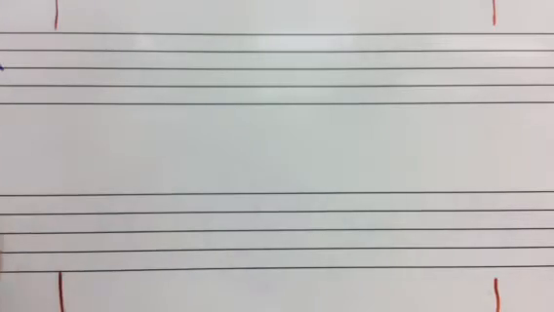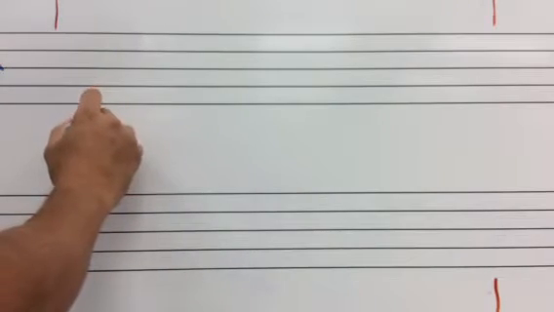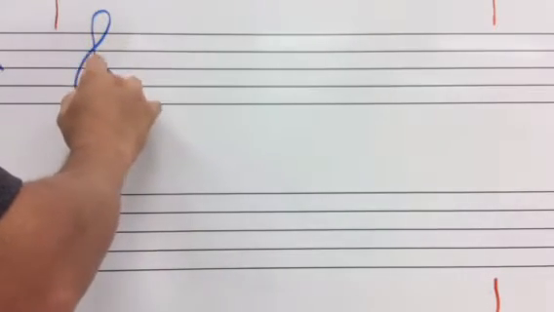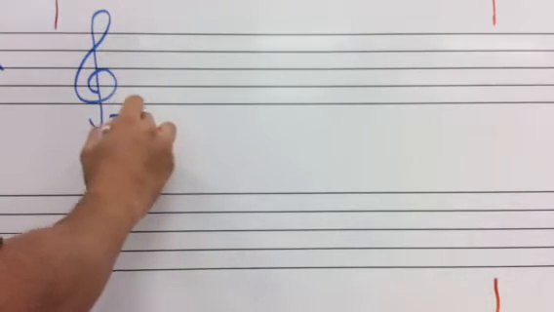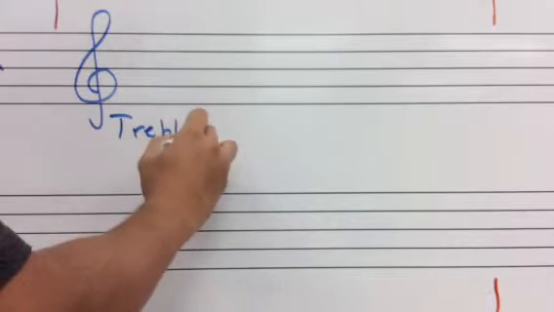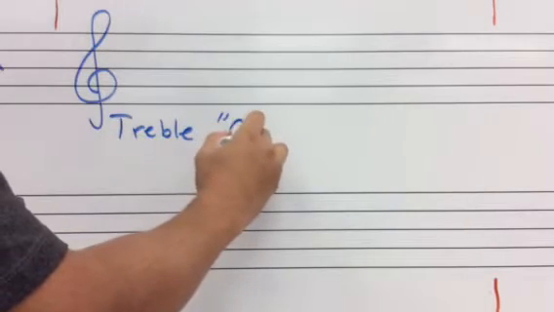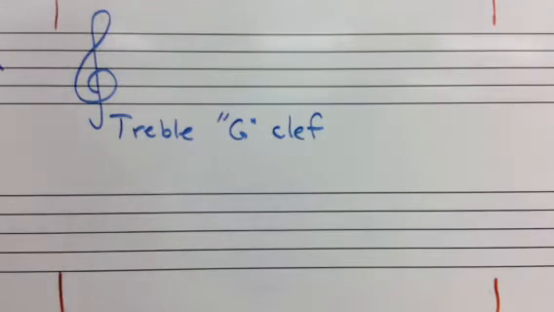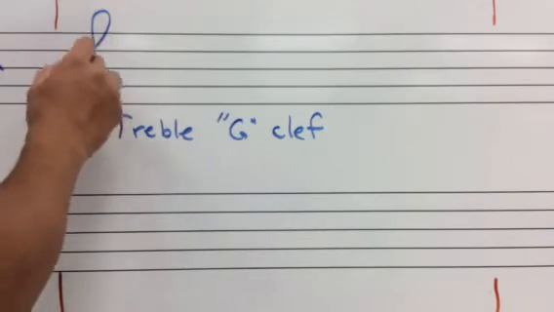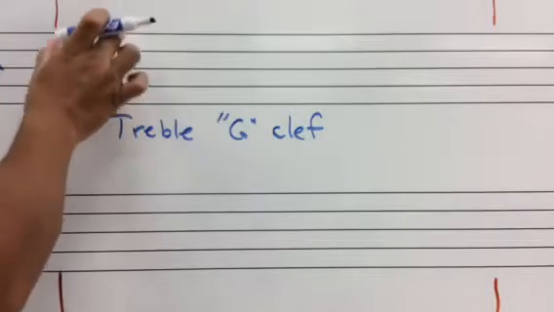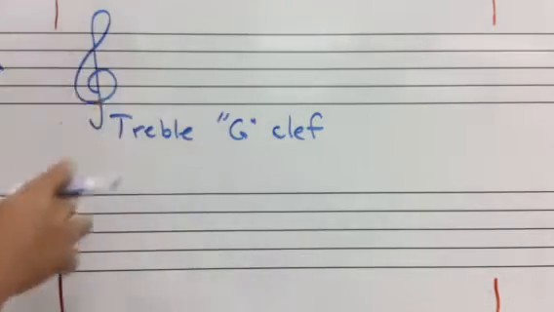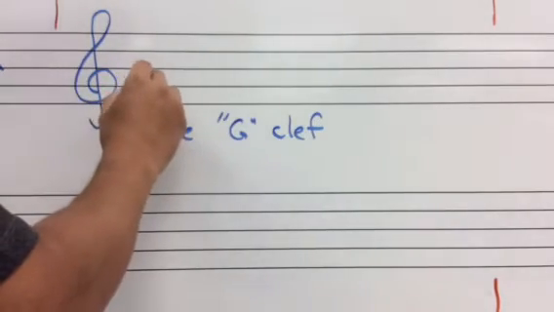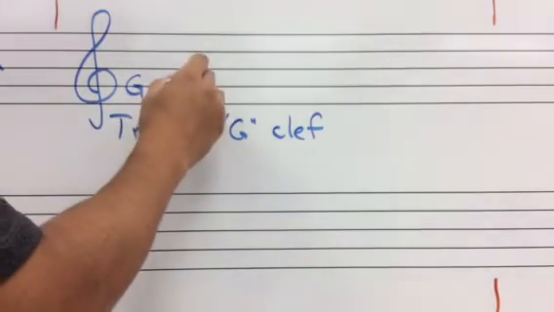The very first clef we talk about is called our treble clef. If you've seen it before, this treble clef is also called the G clef. It's called the G clef because where you see this curl around, this is actually an old style G when people used to do calligraphy, and this surrounded this particular line.